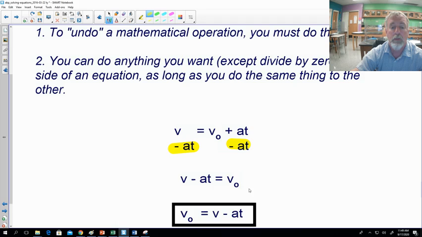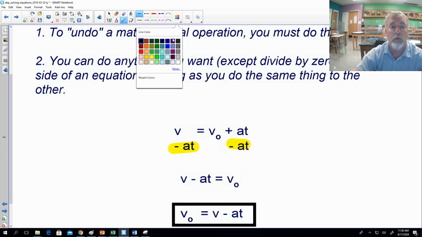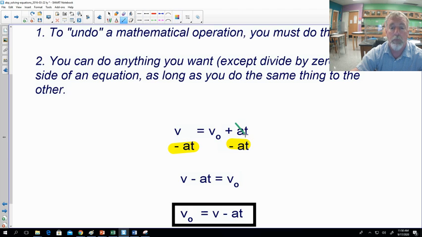All right. This leaves us with V minus AT equals V0, right? Because if we're subtracting them, these are going to cancel each other out. That's the whole reason we're doing opposite operations, so we can get rid of that AT. So now we have V minus AT equals V0, and all we did is use rule 4.